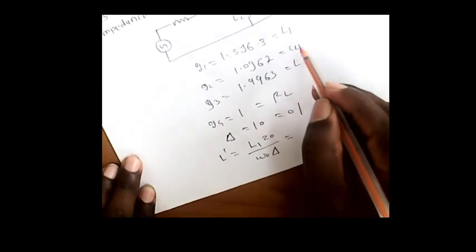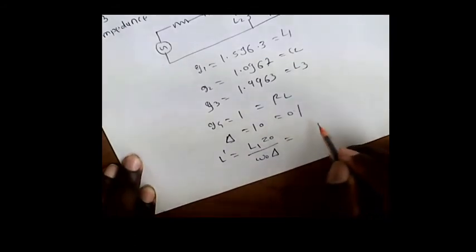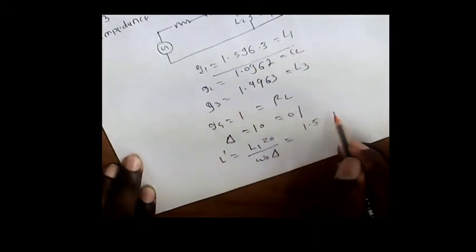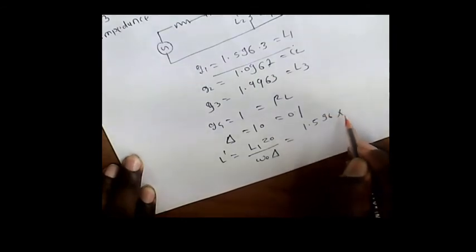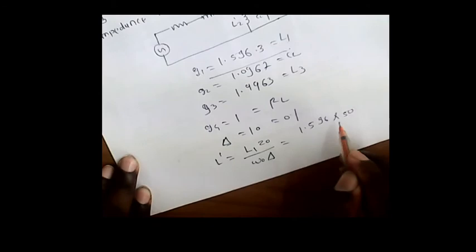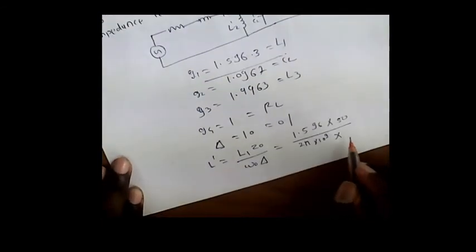L1 is from the given table, 1.596, Z0, that is R0, equal to 50 ohm, divided by the center frequency omega 0, which is 2 pi into 10 raised to 9, and the frequency ratio delta, which is 0.1.